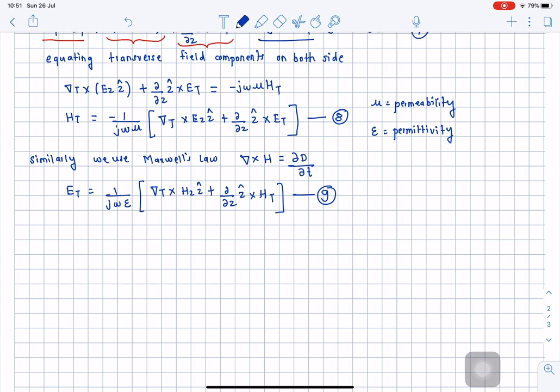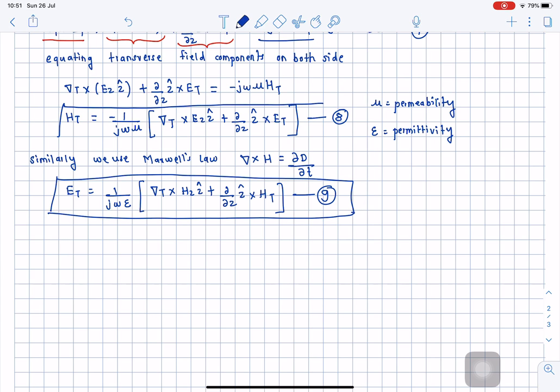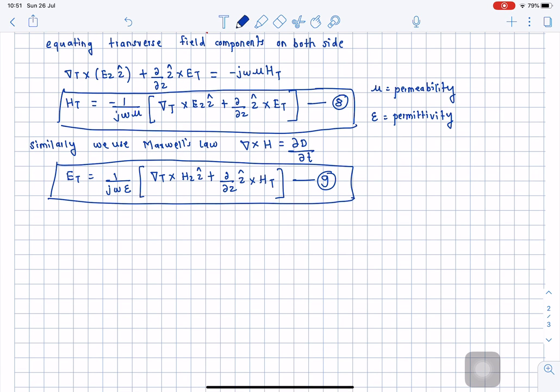So these two equations I will highlight. In equation number 9 we have got E of t, and in the previous equation, equation number 8, we have got the equation for H of t. So now we substitute H of t from equation 8 into equation 9.